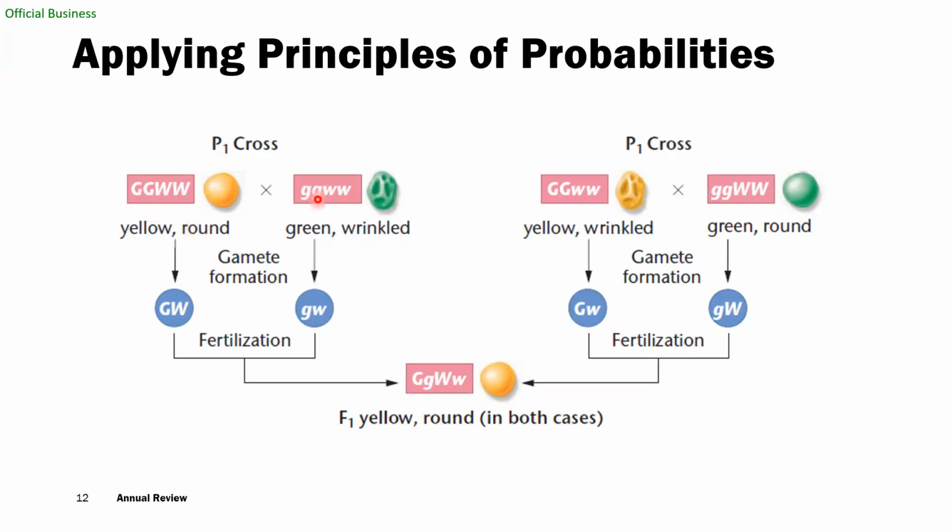A cross of this. Yeah, the round, sorry. The round is the dominant. The yellow round is the dominant. So you cross these two generations, you get your different gamete formation. So basically, in the F1 generation, you will get a yellow round cross.